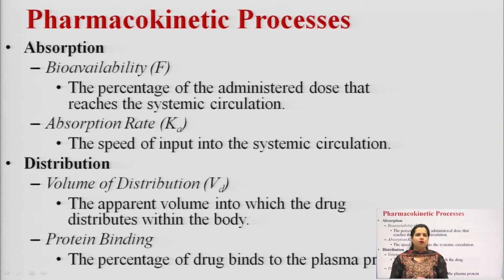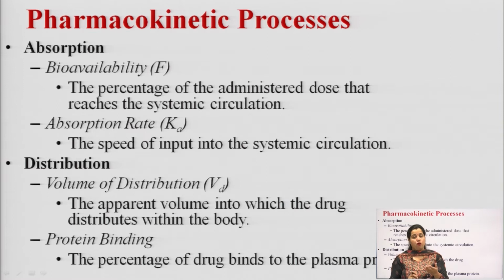It is the apparent volume into which the drug distributes within the body, right. We consider the body as having multiple compartments or a single compartment. From that study we can identify the volume of distribution, that is, how much drug is diffusing in how much volume of the body compartment. That particular parameter covers those aspects.